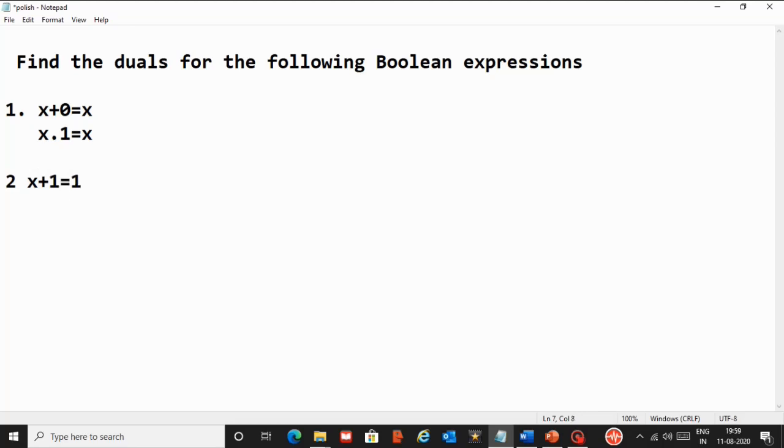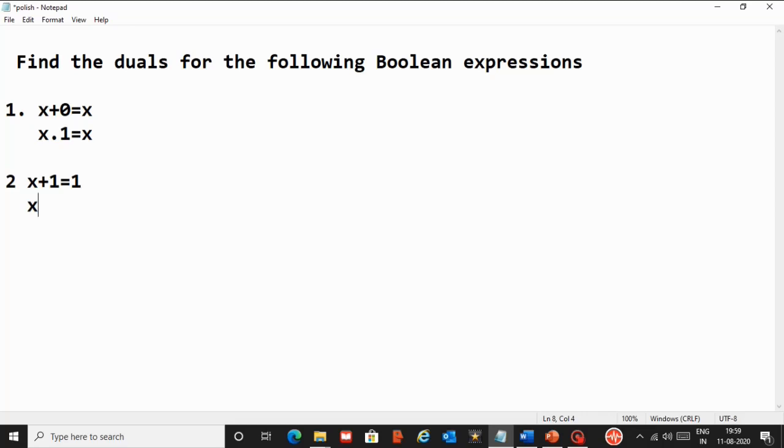So I need to find the dual of this Boolean expression. So what will happen? x remains as it is, because according to the four laws, you are only changing and to or, or to and, 0 to 1 and 1 to 0. You are not talking about whether it's x, y, z, whatever variables there are. I'm not going to touch the variables.